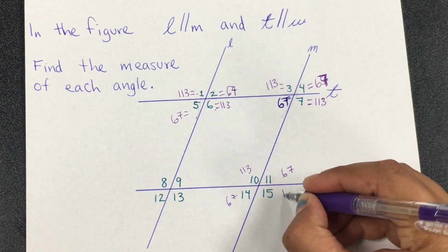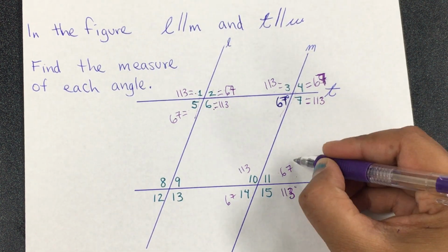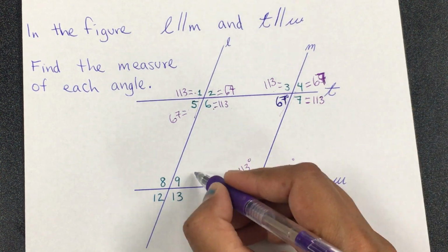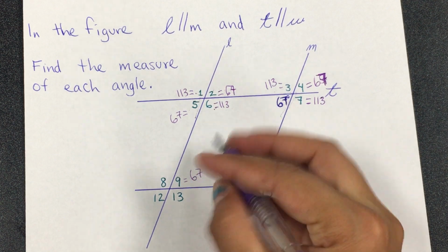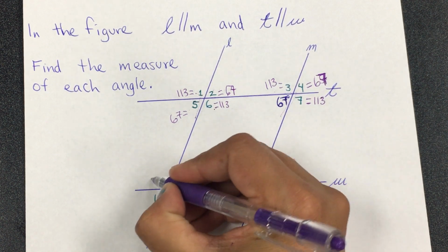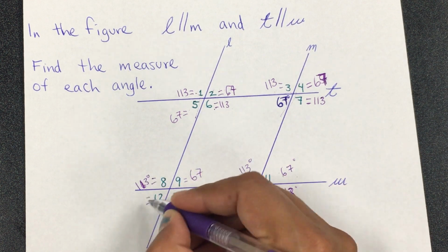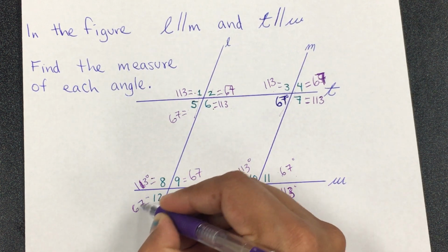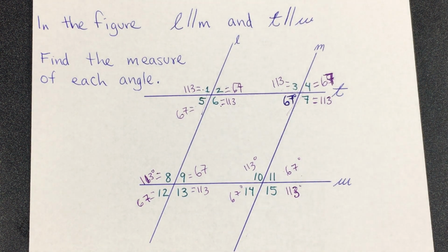And those are called corresponding angles. Okay. And finally, 67 and 113. And here is 113 and 67. So that's it for today. You're now able to do 7.5 and have fun.